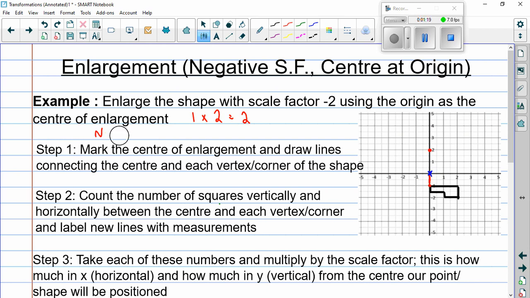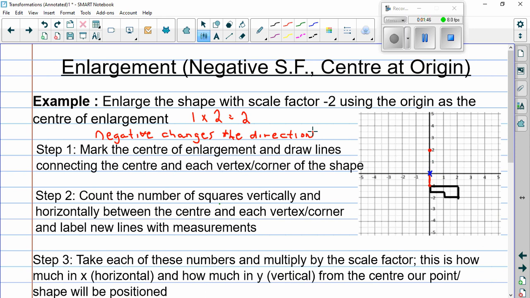Negative changes the direction. Okay, so we go 2 up.